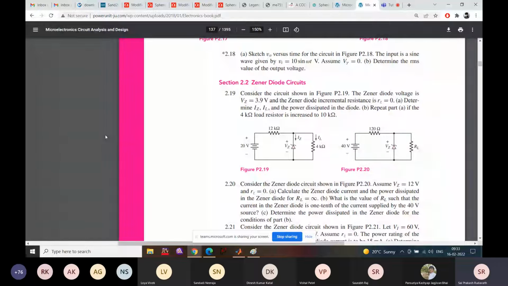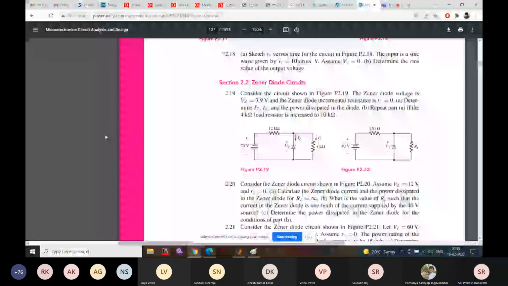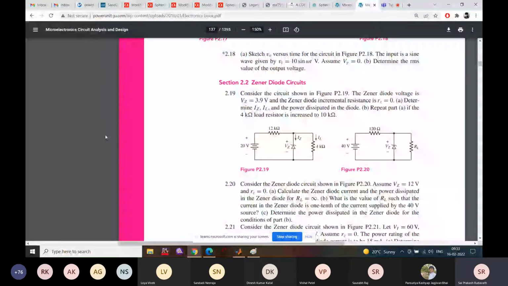Okay. So 0.3 milliamps is the current flowing through the diode. So what's the power? Power is equal to IZ times VZ. So you have the VZ and IZ values.